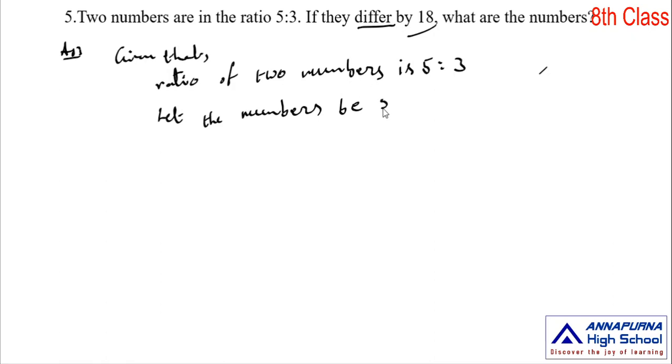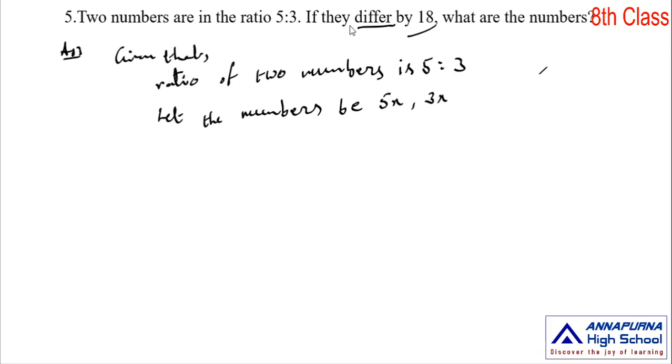So the first number is 5x and the second term is 3, so the second number is 3x. That means by multiplying the two terms in the ratio by x, I choose the two numbers 5x and 3x.